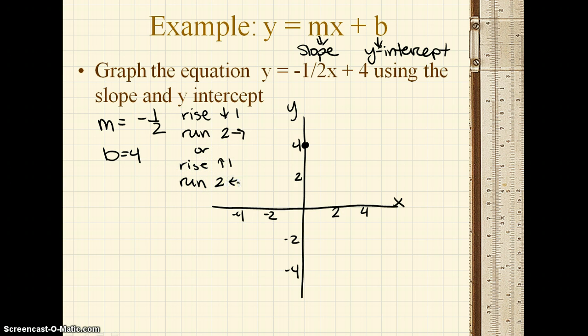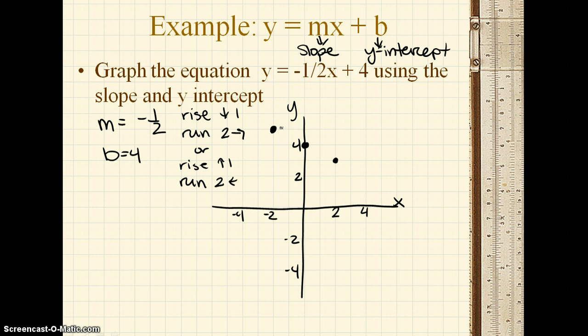The key is that the slope is negative, which means that when you look at the graph from left to right, the diagonal should be decreasing. So if we go down 1 and to the right 2, we would have a point at 2, 3. And if we go up 1 and to the left 2, you would have a point at negative 2, 5.